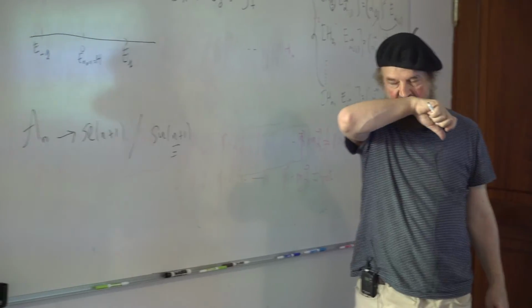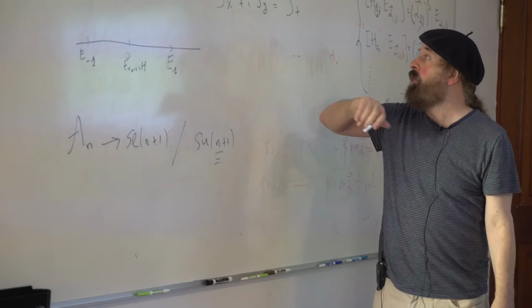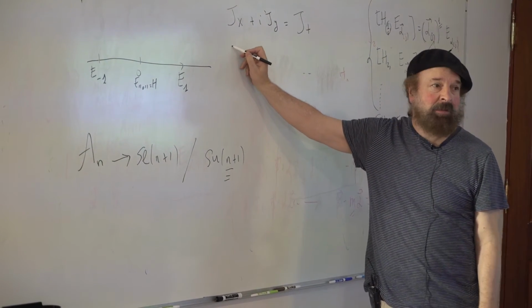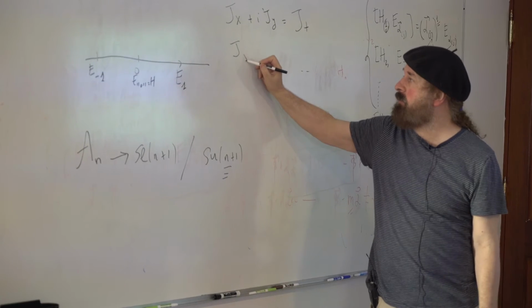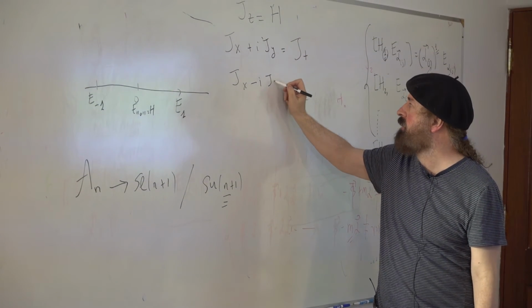SU(n) is a tricky one. Remember, rank n, so you have SU(n+1). Is this clear? Then I can have the minus combination, which is the lowering operator.